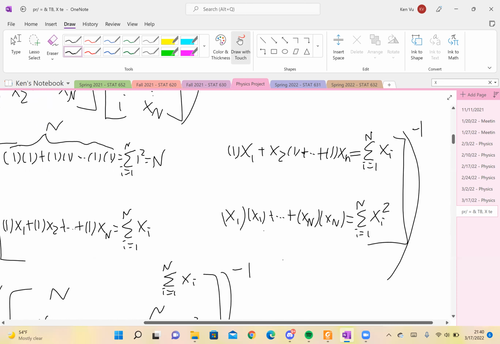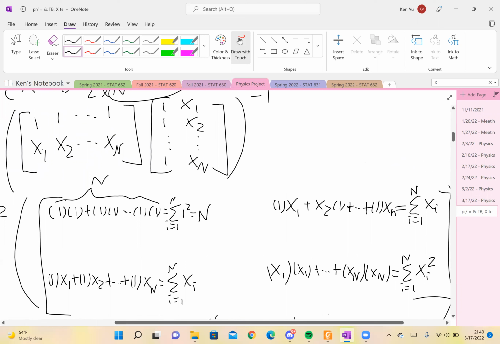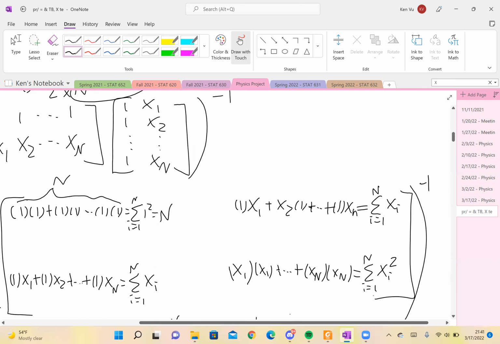And then for this last element right here, you take each X value and multiply by itself, and then you add up the square of each X value. So x1 times x1 plus x2 times x2 all the way to xn times xn. A summation of the squares of the X values gets you the summation from i equals 1 to n of xi squared.